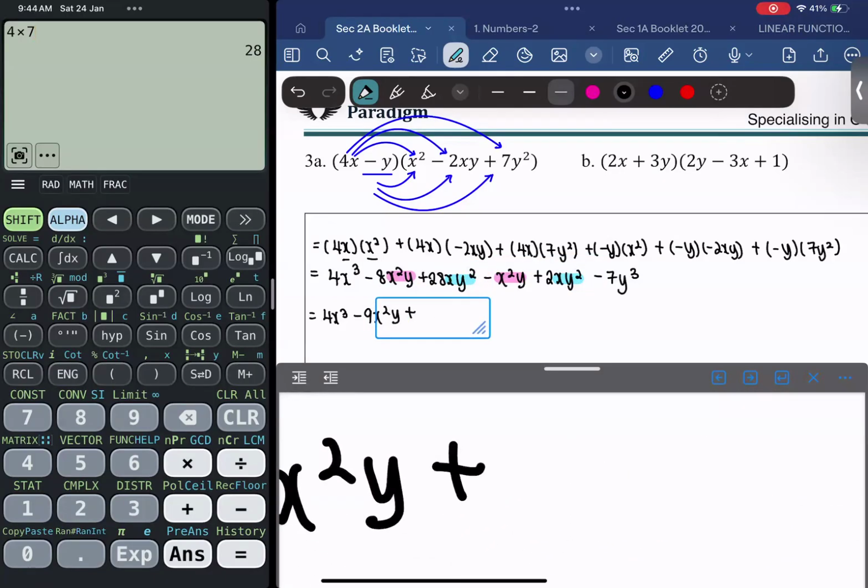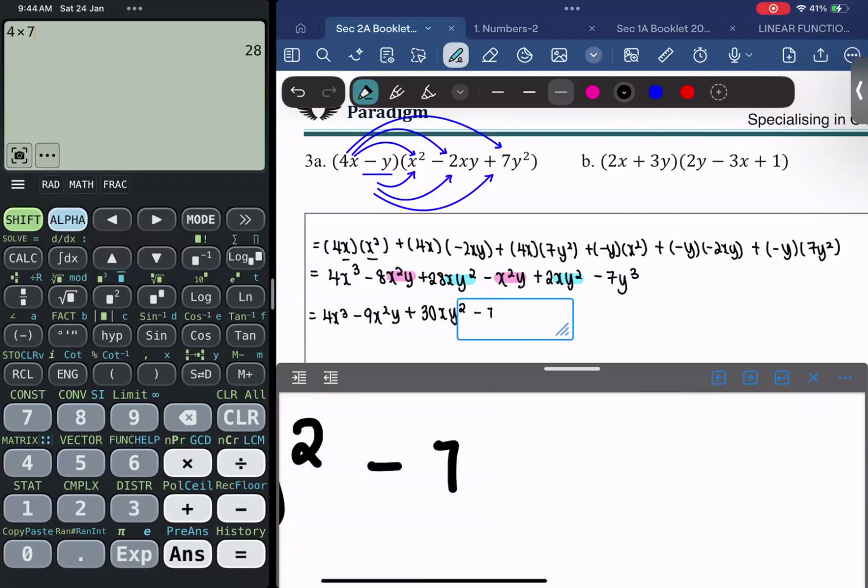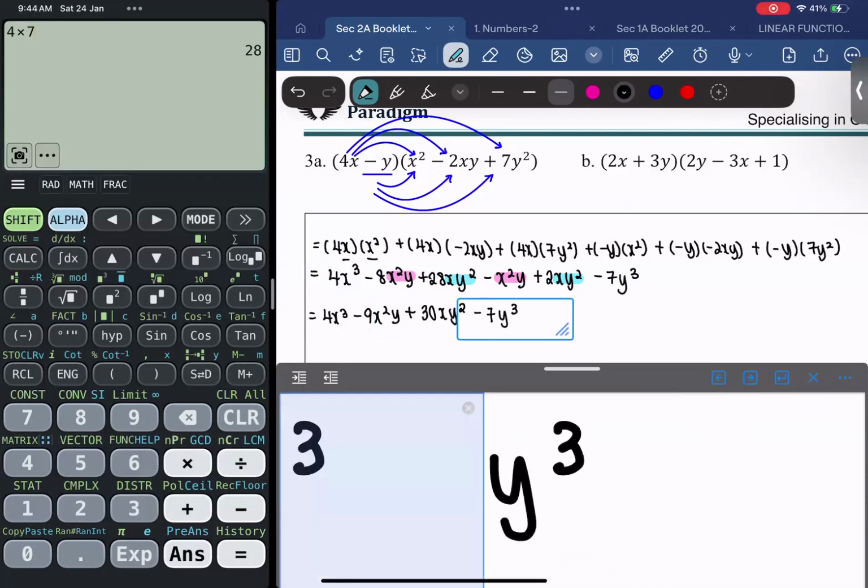You have 30xy squared minus 7y cubed. Okay, like that.